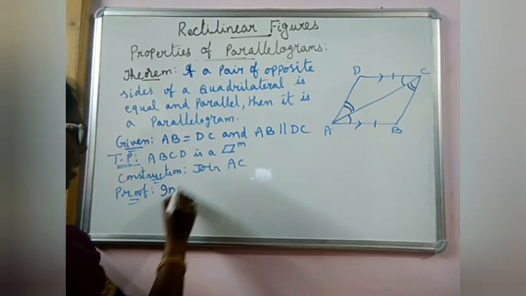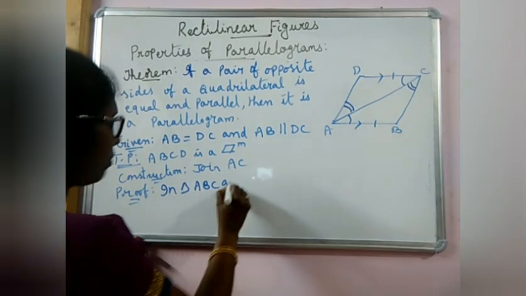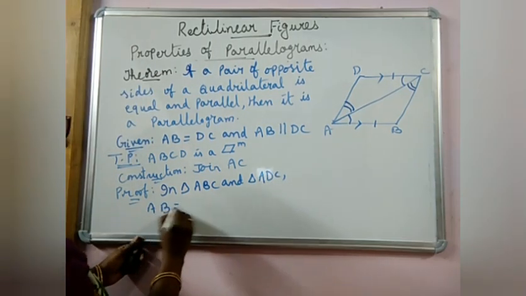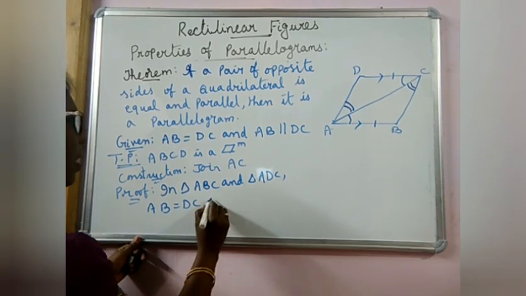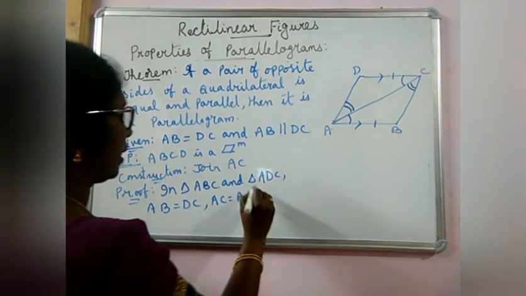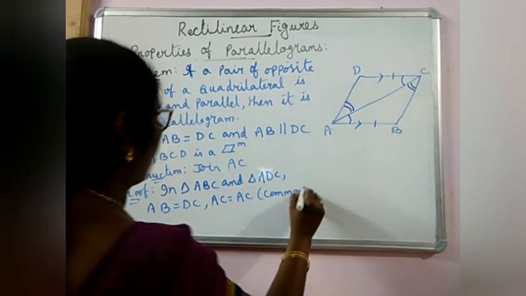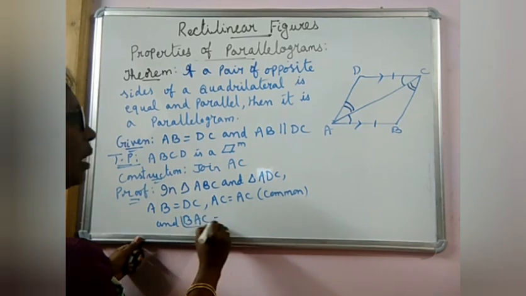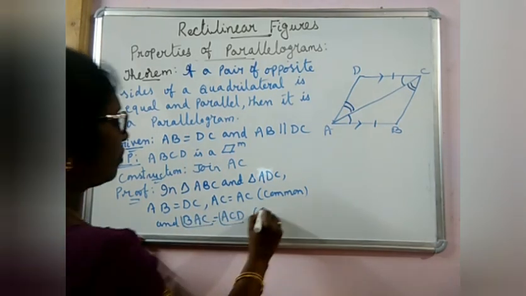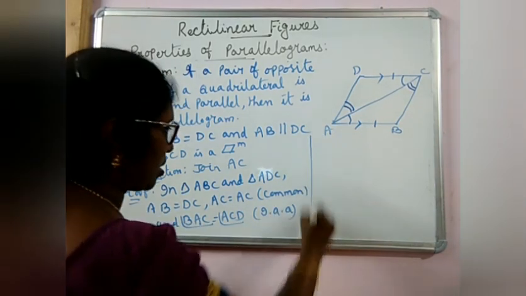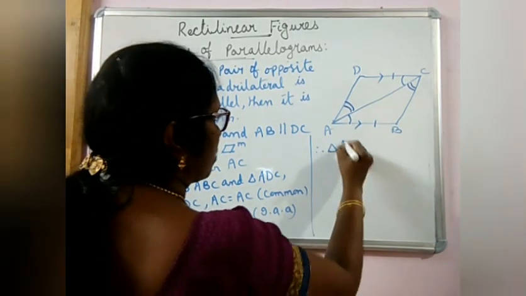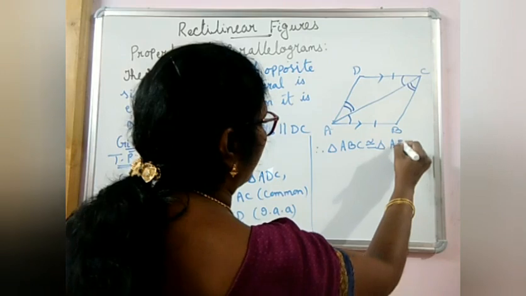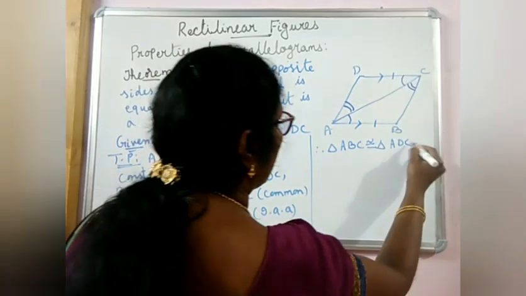Okay? In triangle ABC and triangle ADC, what is given? AB equal to DC given. AC is equal to AC, that is common side. And angle BAC is equal to angle ACD. They are interior alternate angles. Therefore, triangle ABC is congruent to triangle ADC under SAS condition.